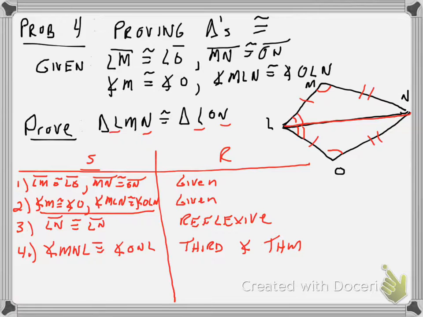And what that simply says is if 2 angles of a triangle are congruent, then the third one has to be congruent. So then I can state triangle LMN congruent to triangle LON by definition of congruent triangles.